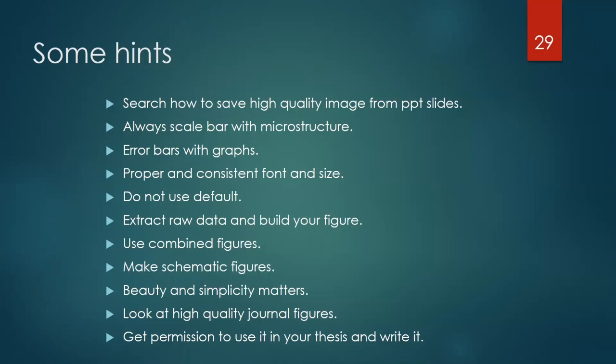So if you have a microstructure, you always need to give a scale bar so that the reader can see how much smaller this is than reality, the real piece, for example. If you have errors, you put them on the graphs. Use a proper font and size.